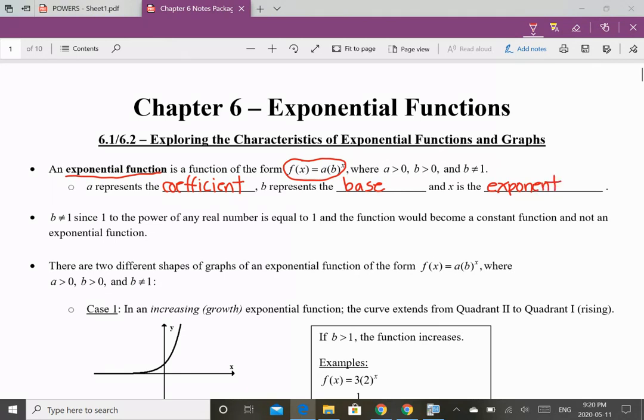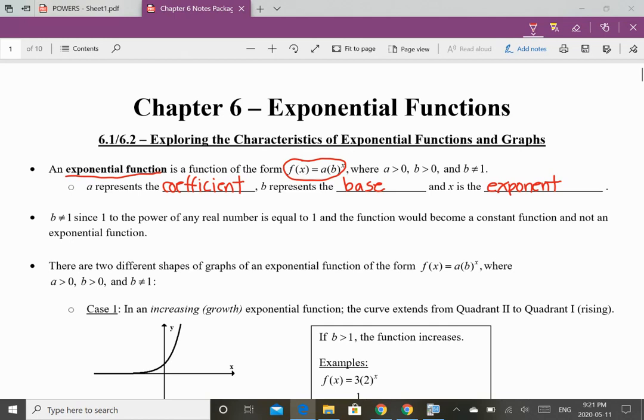And because our variable x is in the exponent, that is why we call these exponential functions. It's the position of the variable that tells us the kind of function that we are looking at.